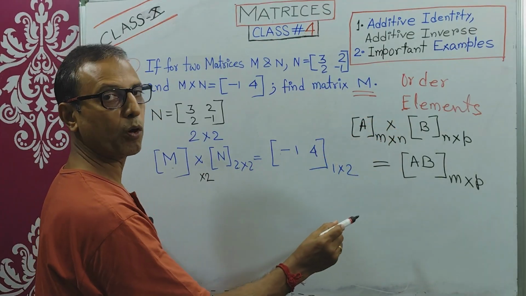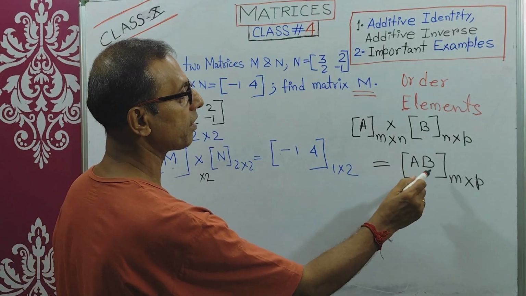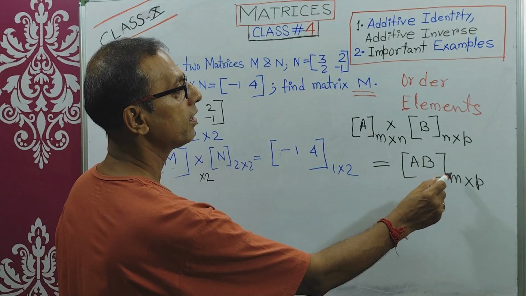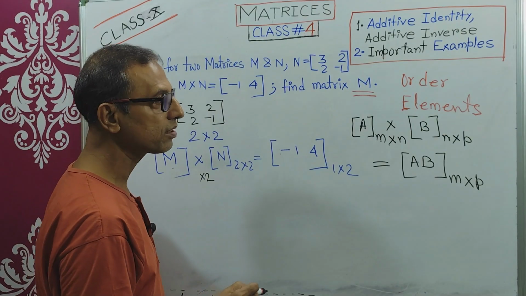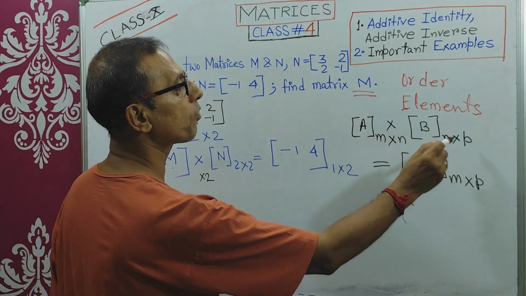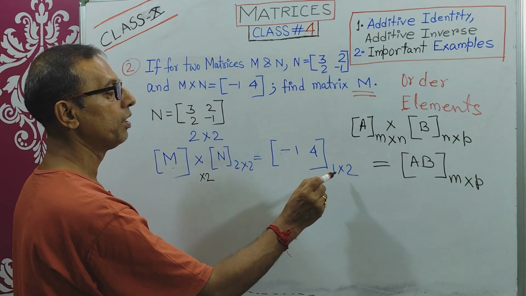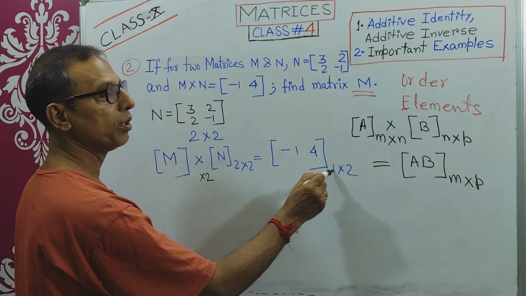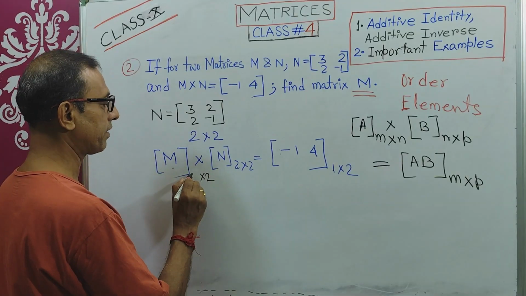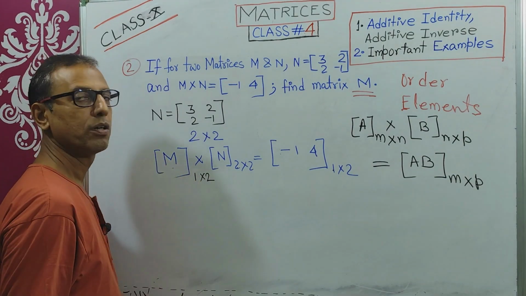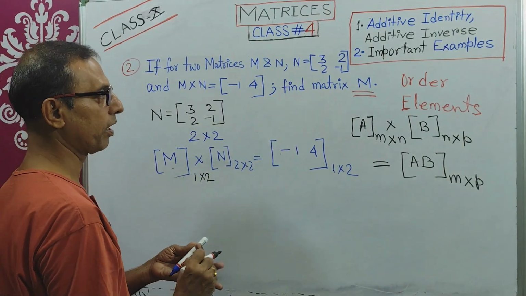If the multiplication is possible, then the resultant matrix will have the same number of rows as the first matrix and the same number of columns as the second matrix. Here the resultant matrix is 1 by 2, so the number of rows equals the number of rows of the first matrix. That means matrix M also will have 1 row.